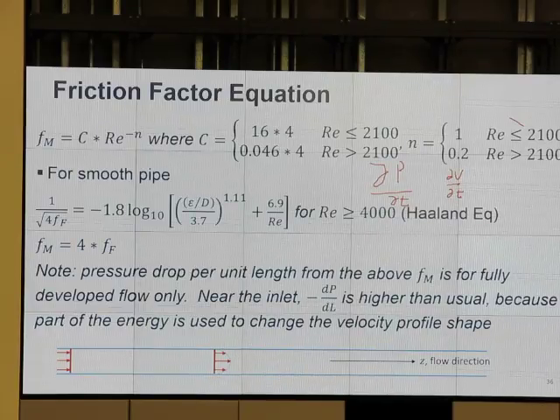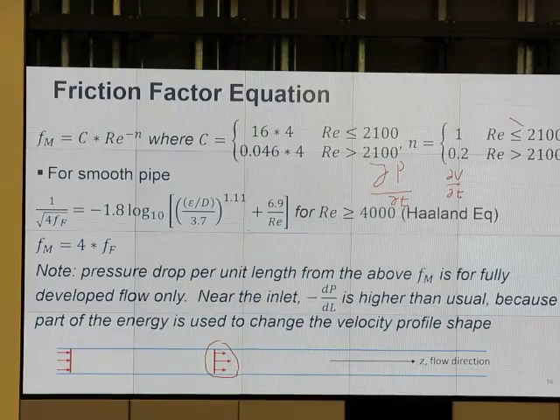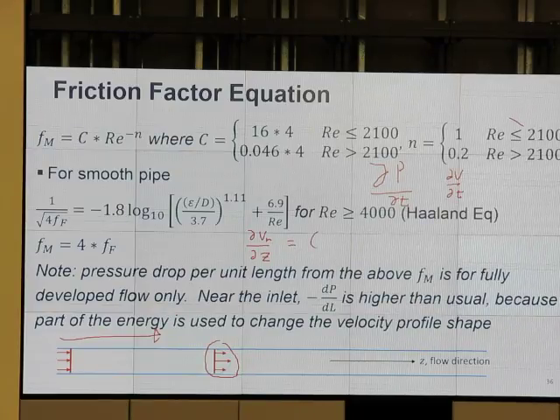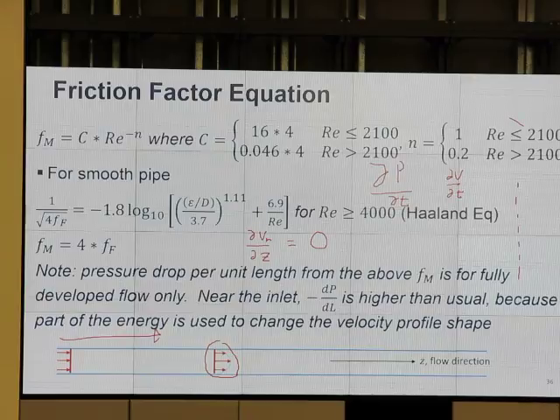When we say fully developed, you see this velocity profile. Fully developed means d by dz, where z is the coordinate of the flowing direction, of velocity, radial velocity equals 0. Okay? Radial velocity, if you see it, I put the center line. Velocity is maximum at the center line and then it goes down and reaches 0.